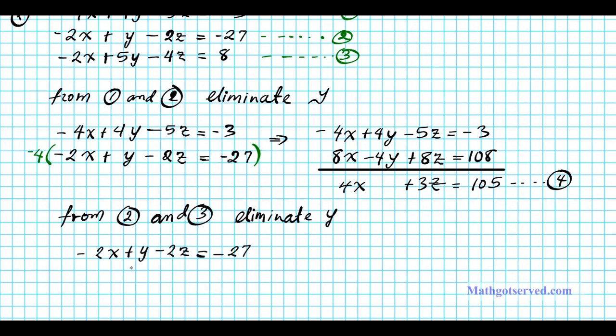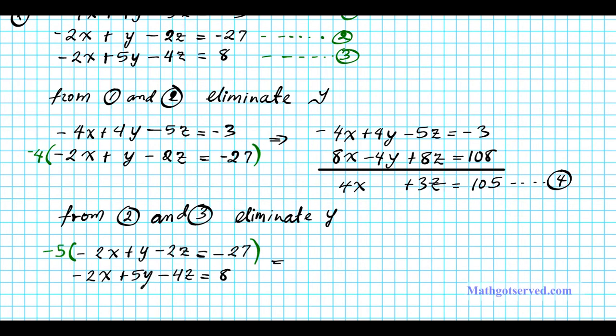And in equation 3, we have negative 2x plus 5y minus 4z equals 8. All right, so we want to eliminate y, we want to create opposites. This is 5. The opposite of 5 is negative 5. So by simply multiplying equation 2 by negative 5, we'll have opposites for the y's, and then we can simply eliminate by combination.